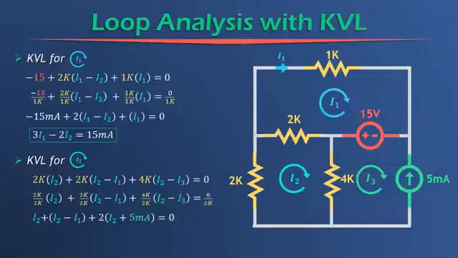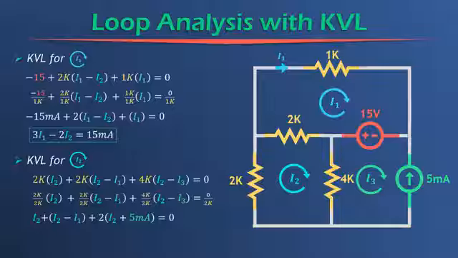Well, look at our I3 loop over here. What is in our I3 loop? We have a current source, a 5 milliamp current source. Whenever you have a current source in one of your independent loops, the value of the loop current, I3 right here, will automatically take on the value of the current source. Actually in this case, I3 is going to be a negative 5 milliamps. Why is that?